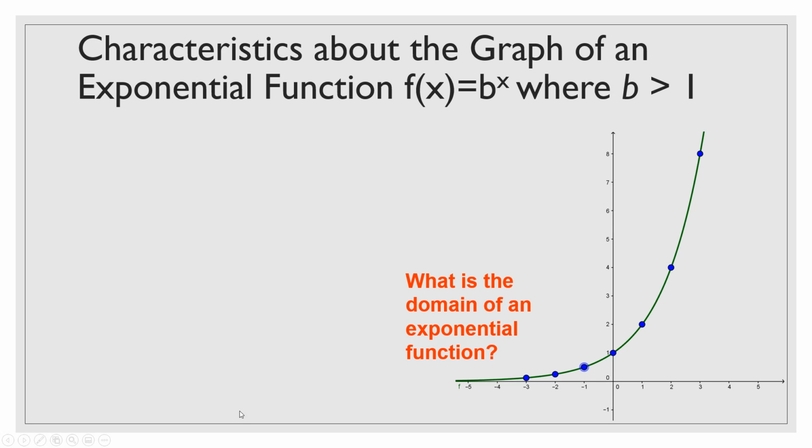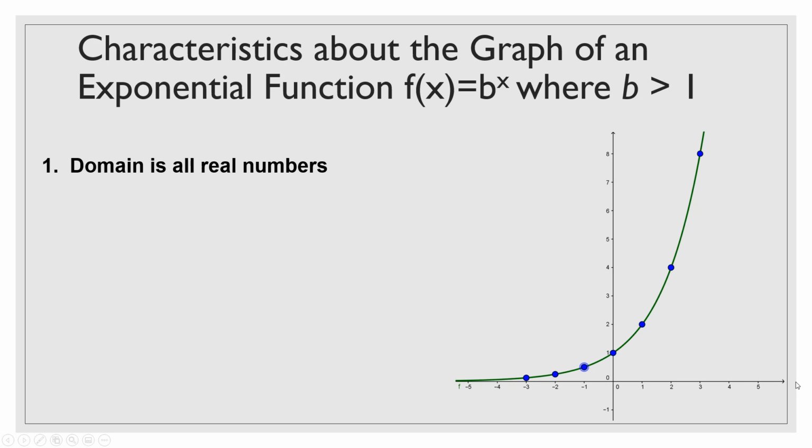Remember that the domain are these x values, which are, of course, all real numbers. Therefore, the domain is all real numbers. Now, what is the range of the exponential function? As we can see here, the range is the positive real numbers.